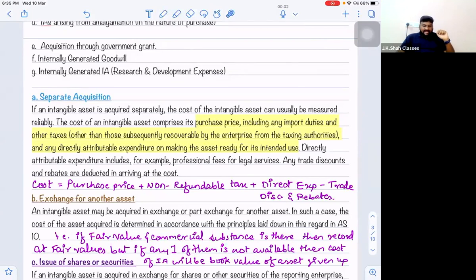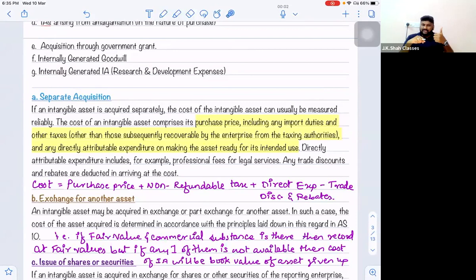One example, directly attributable expenditures include, for example, professional fees for legal services. Means, for example, sir, you have written a book, correct? And now you want to get the book copyrighted. So technically you require a lawyer for that, right? So you pay, say, 5,000 rupees to the lawyer to get the copyright done.